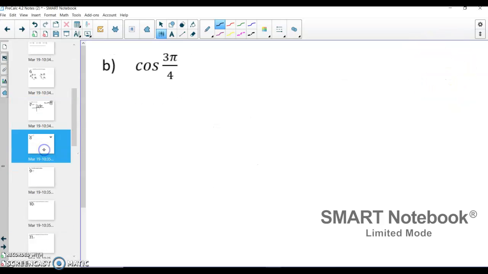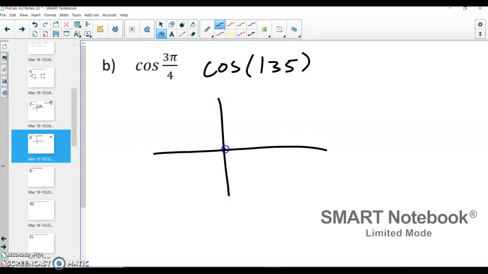Let's see another one. So we have cosine of 3 pi over 4. You can leave it as 3 pi over 4 or rewrite it as the degree. It would be the same thing as cosine of 135. And so if we're looking at it, that is over here, 135, which is 45 degrees, 45 degrees, 90. This is a negative 1 because I'm on the left. Positive 1. Square root of 2. Cosine, I use adjacent and hypotenuse.